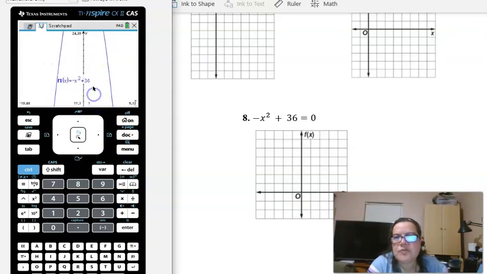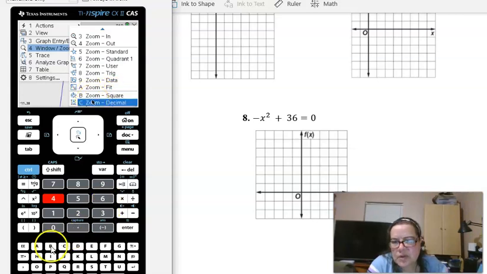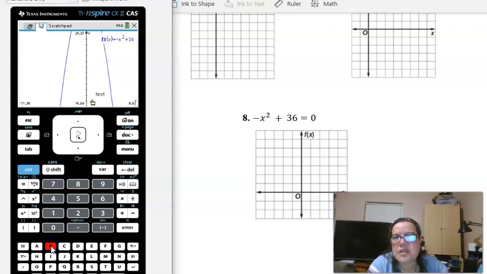I could go Windows, Zoom, Fit, and so on and so forth. Let's do that. So let's menu, Windows, Zoom, and give me one sec, Window 4, and I want to zoom out, or I could zoom square, so it'll just be a square figure that you see. That was not enough, so let me zoom out again.